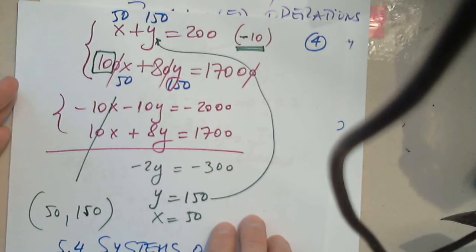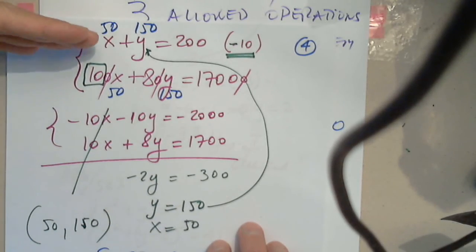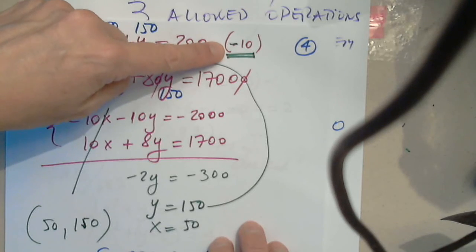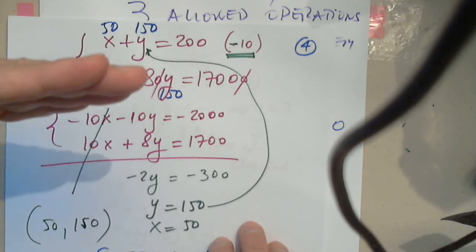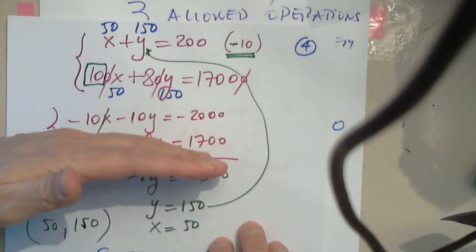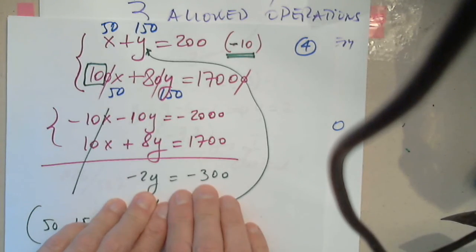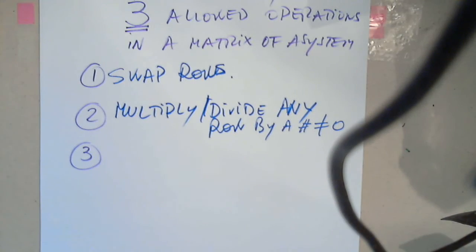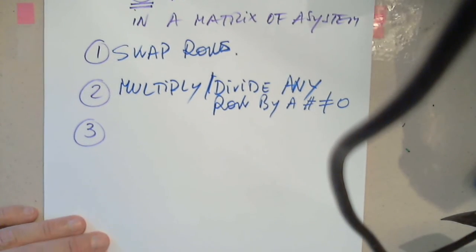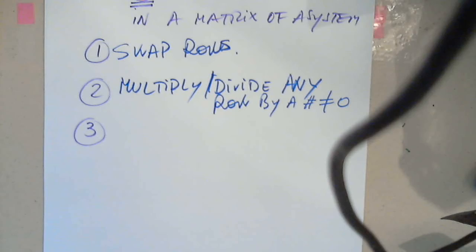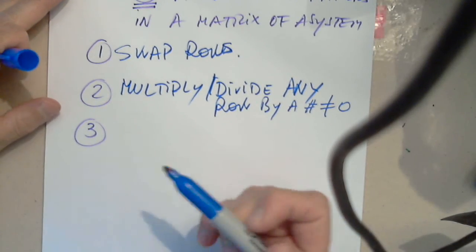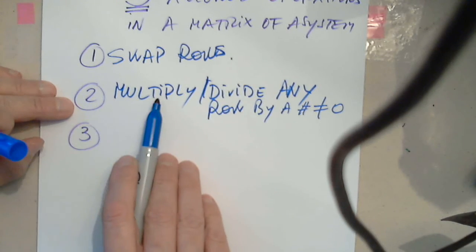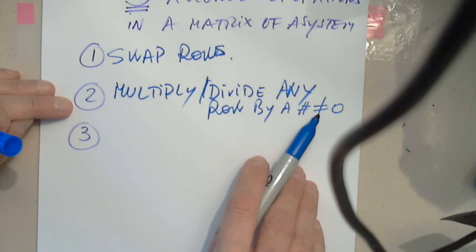So this comes from elimination or adding method. We are allowed to multiply any equation by a non-zero number, add the result to another equation, and get a new one. And that's exactly what we're going to do. However, it will look differently, but this is what we're doing. So let's write it down. So the first one, we are allowed to swap rows if we want to. Then we are allowed to multiply or divide any row by a non-zero number.